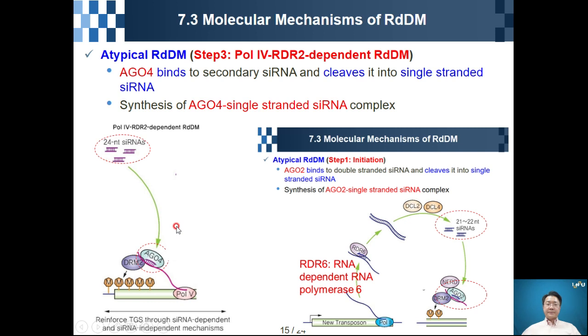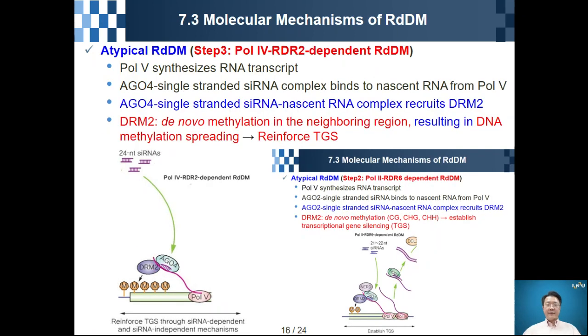Okay, so after that, RNA polymerase 5 synthesizes the RNA transcript. After that, AGO4 with a single-stranded siRNA complex can bind to the nascent RNA from polymerase 5.